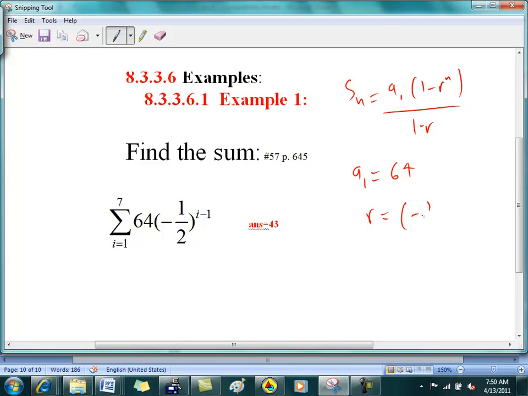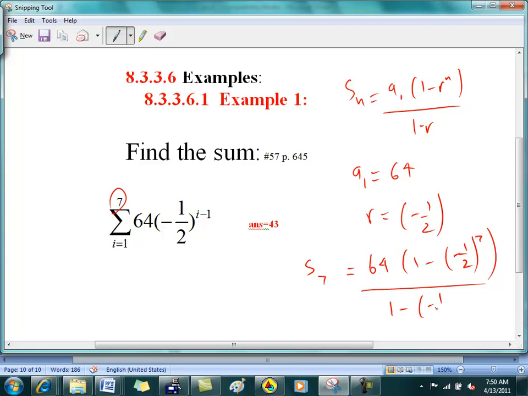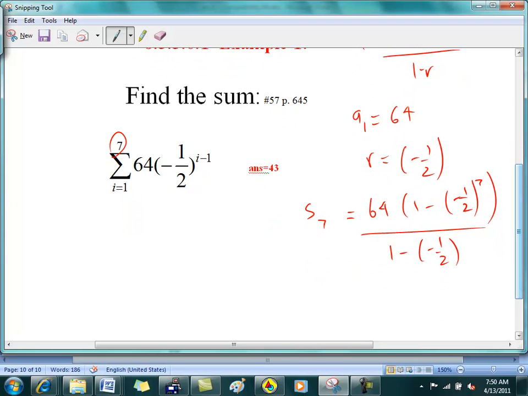And then you just plug and chug. S sub 7, because I've got 7 terms, is equal to 64 times 1 minus negative a half, make sure you use your brackets properly here, to the power of 7, over 1 minus a negative half. Just chug that on your calculator.